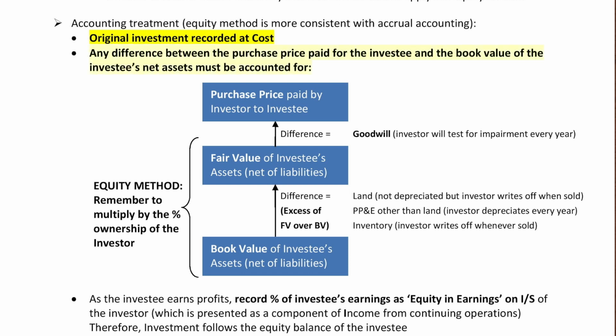Any difference between the purchase price paid for the investee and the book value of the investee's net assets must be accounted for. So once again, we are looking at the difference between the purchase price paid for the investee and the book value of the investee's assets net of liabilities.